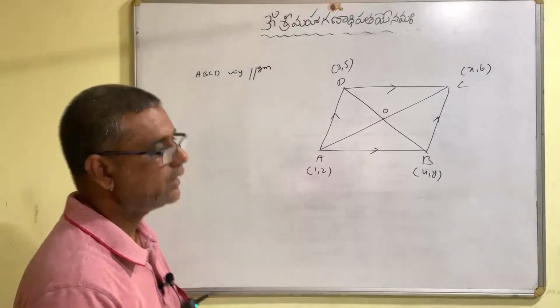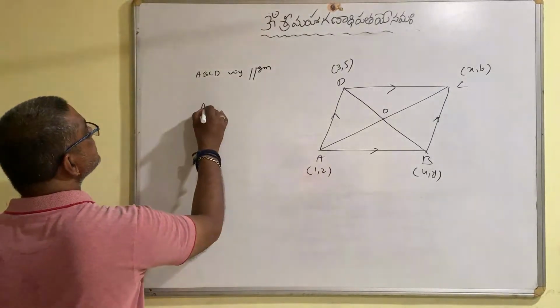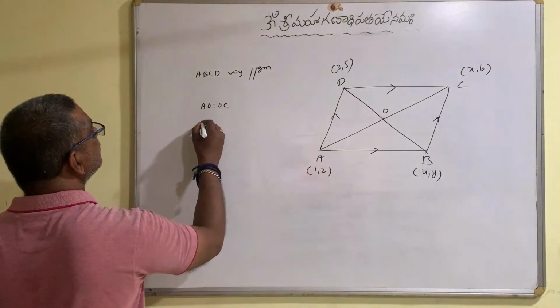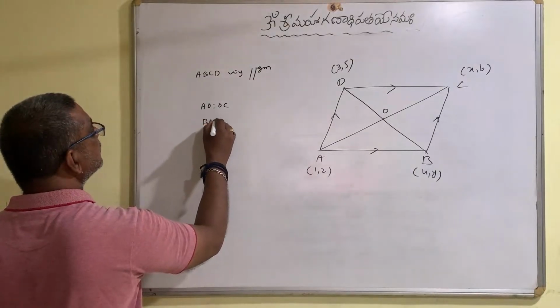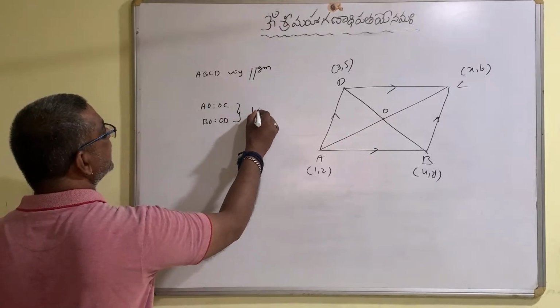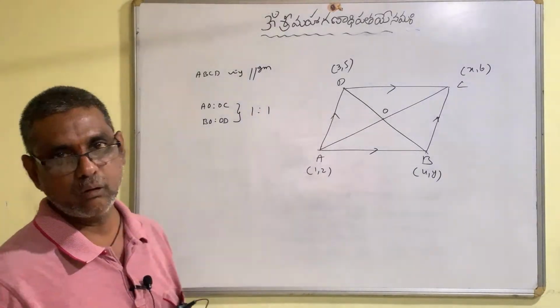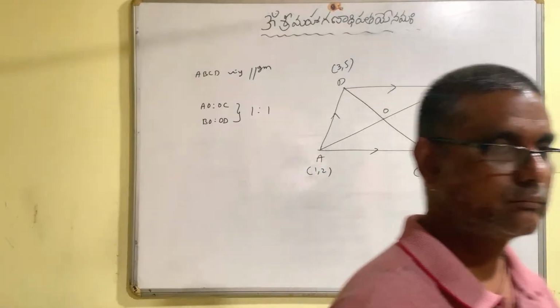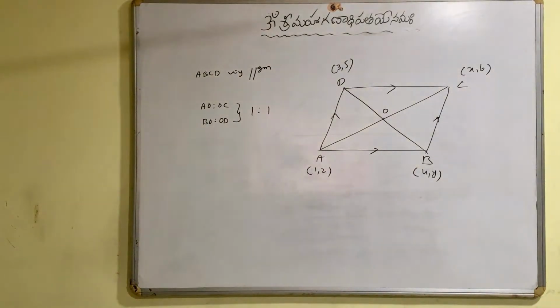That point O divides the diagonals in the ratio 1:1. O divides AC in the ratio 1:1 and also BD in the ratio 1:1. That is what you have to understand.